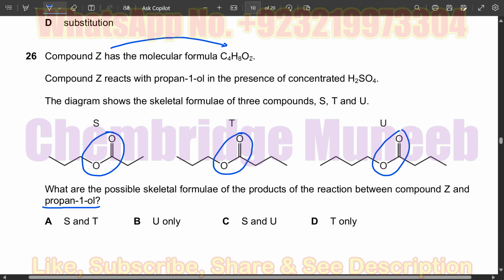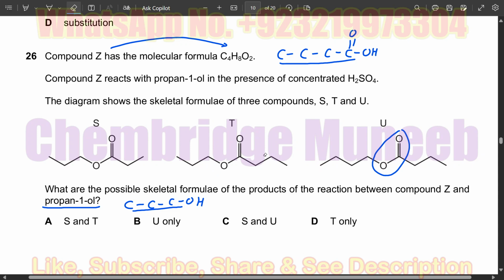So which carboxylic acid must it be? We can count the carbon atoms. There are 4 carbon atoms, and the functional group is present at the terminal. So in total, there are 4 carbon atoms in the carboxylic part. And from the propan-1-ol, if we write its structure, it is C, C, C, and OH. So there are 3 carbon atoms in the alcoholic part, which means we can easily identify the ester from here.